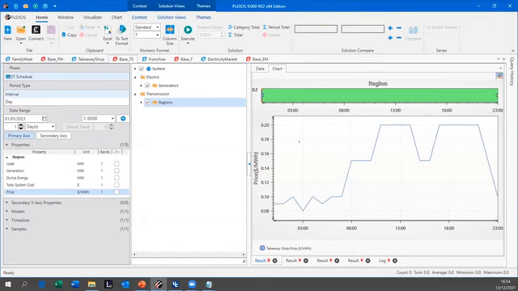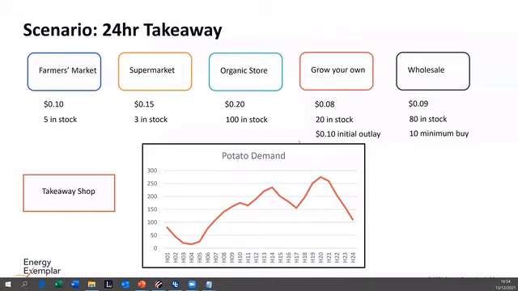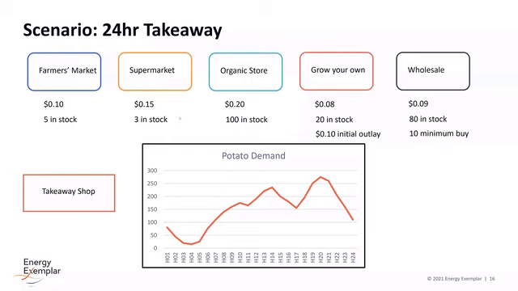And the cost of that potato was 20 cents, just to remind you, which means that the marginal price, or the price, is also going to be 20 cents. And that's the price that you see in Plexos, and that's what other people would report in their day-to-day work.